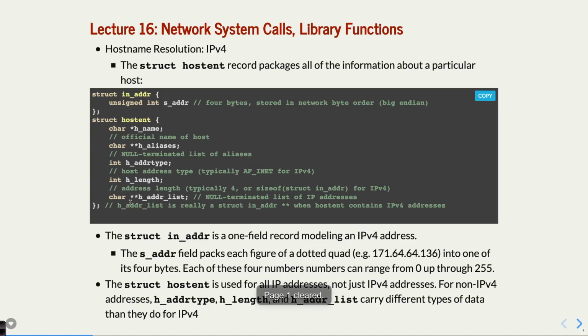The saddr field is what we call a dotted quad. Basically, it's 4 bytes: 1, 2, 3, 4. Hopefully you have seen IP addresses that look like this in the past. If you haven't, that's what a version 4 address looks like: 171.64.64.136.